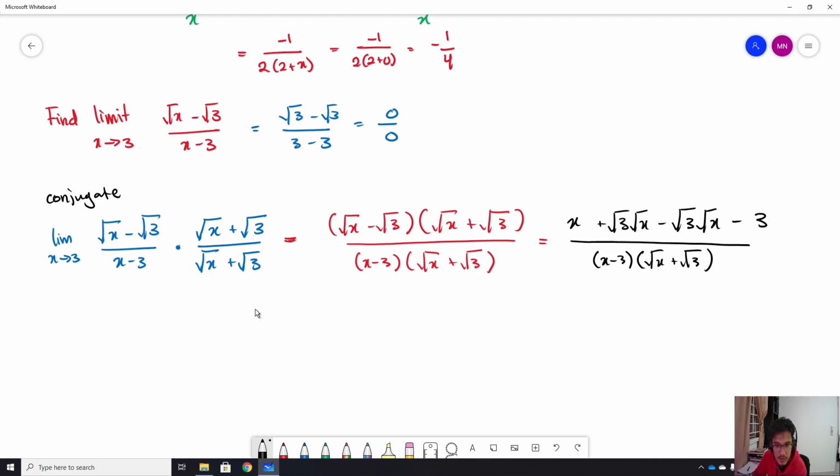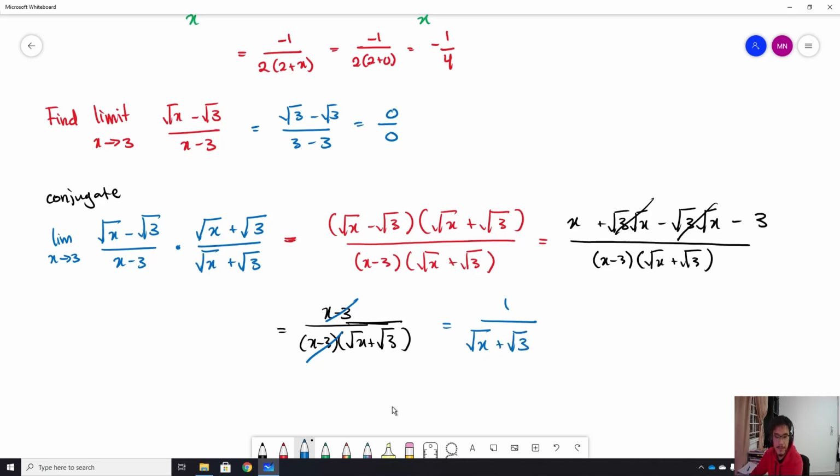So we continue to solve it. So this will become 0. So then we have x minus 3 over x minus 3 and square root of x plus square root of 3. So this can be removed. So it equals 1 over square root of x plus square root of 3.